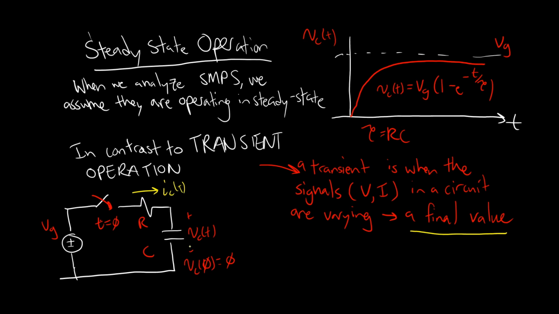The steady state they're going towards is when the current is zero. The current going through the cap is zero, and the cap voltage is Vg. So that's kind of the steady state for this circuit. There is some transient going on, and then that slowly settles out, and the signals stop varying in the circuit.